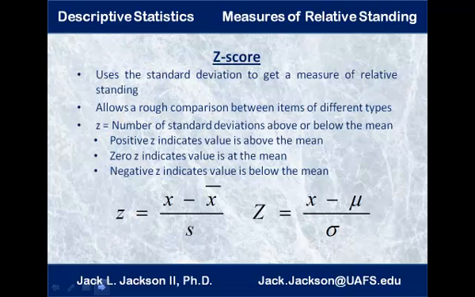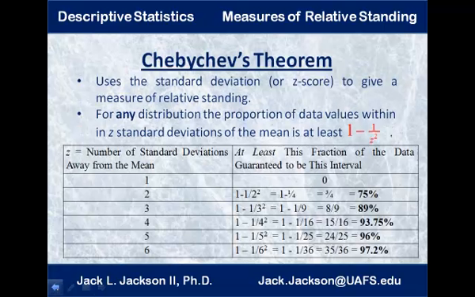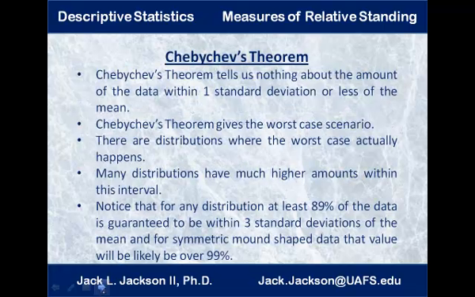Now, Chebychev's theorem is a worst case scenario. This is the least amount of data that could be in there. There might be more. Chebychev's theorem tells us nothing about the amount of data within 1 standard deviation or less of the mean. There are distributions where the worst case actually happens, so we can't really do better than Chebychev's theorem if we're going to be completely arbitrary and in full generality about the distribution.